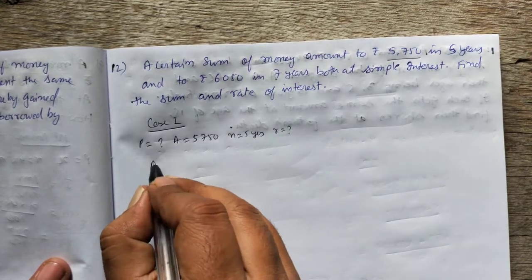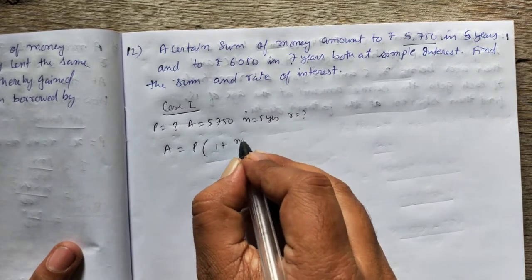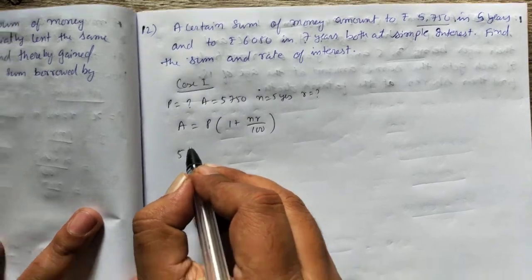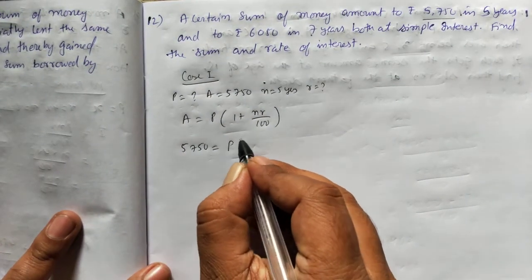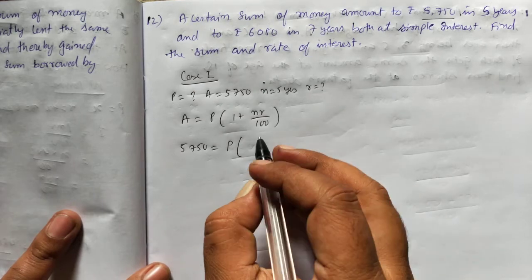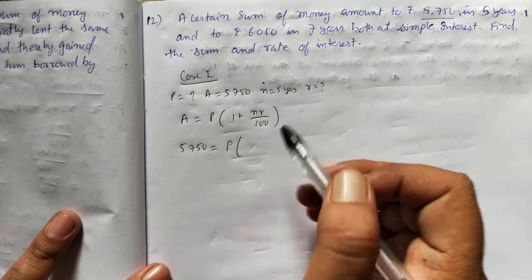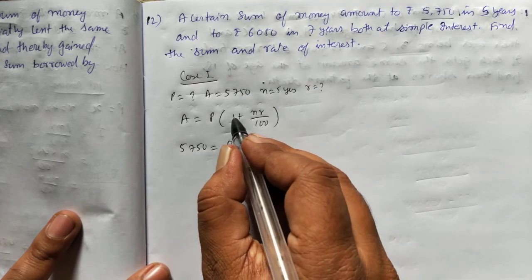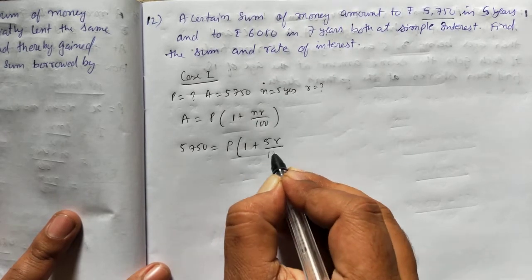So first case, amount formula is P times 1 plus NR by 100. Amount is 5750 equal to P, we don't know. Rate we're going to find. Rate is same, 1 is 1, N is 5 by 100.